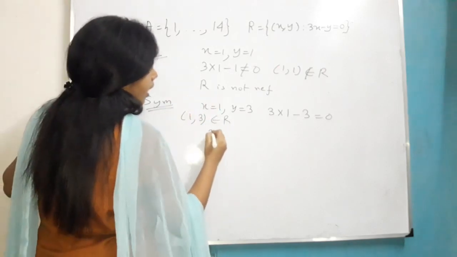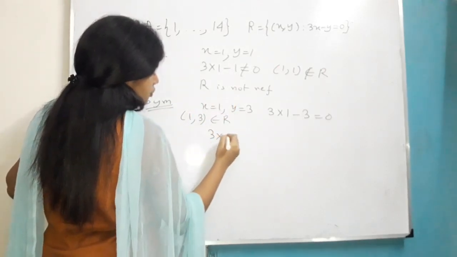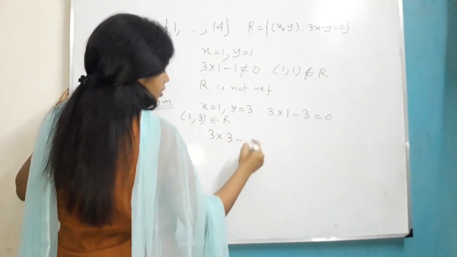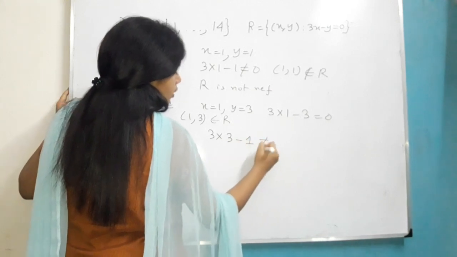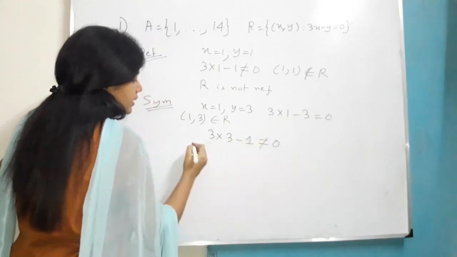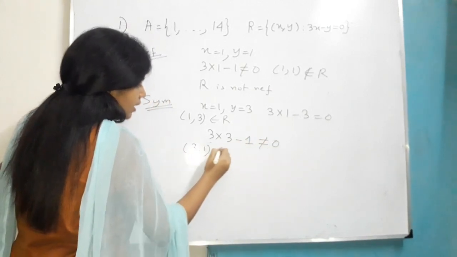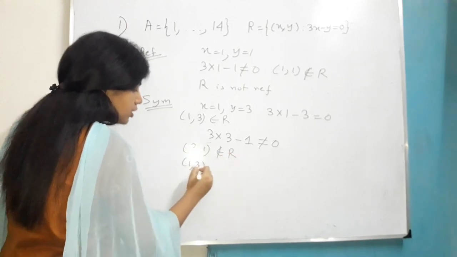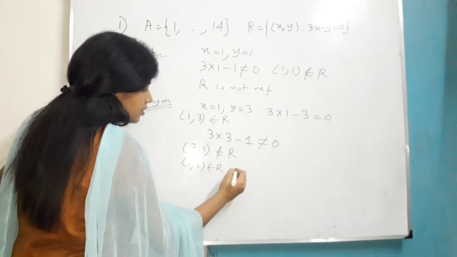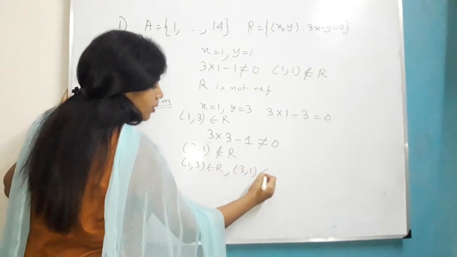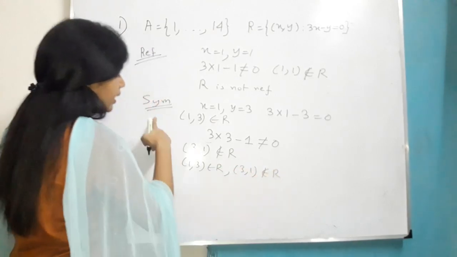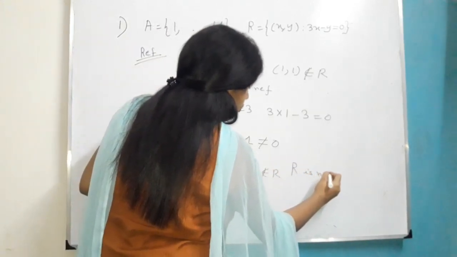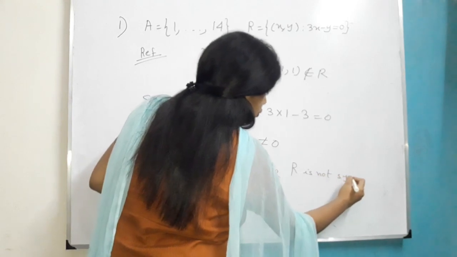That means I will replace x by 3 and y by 1. So this is not equal to 0, clearly seen. That means (3, 1) does not belong to R. So (1, 3) belongs to R, but (3, 1) does not belong to R. That means R is not symmetric, because we know that if (a, b) belongs to R, then (b, a) should belong to R.